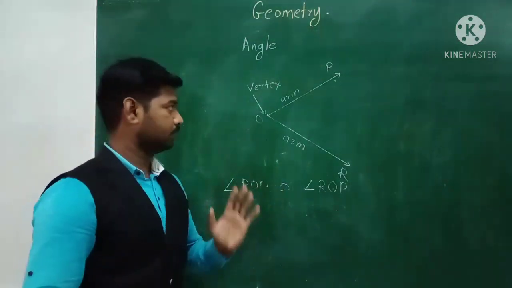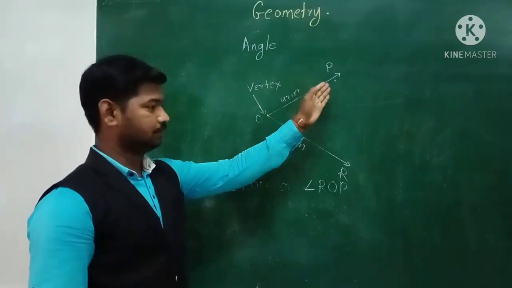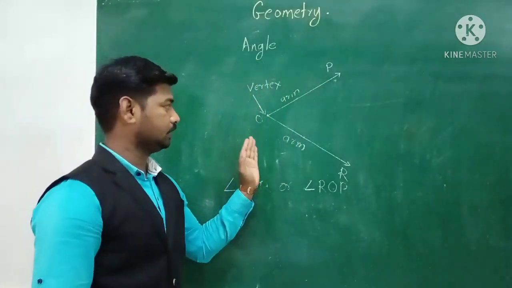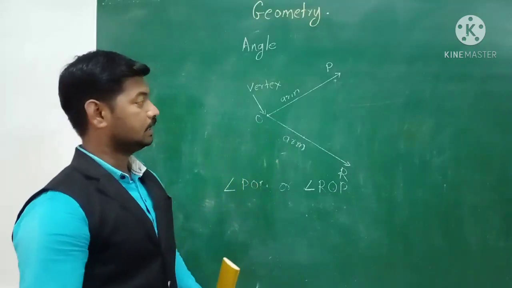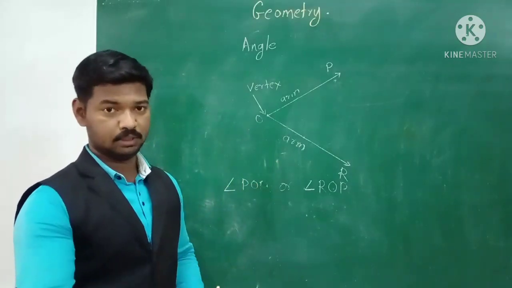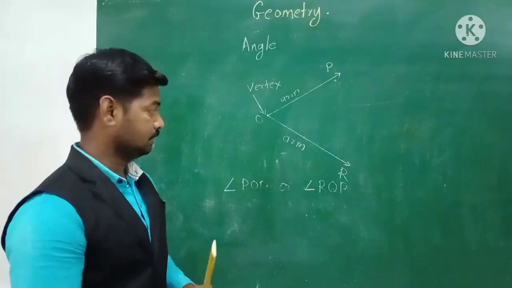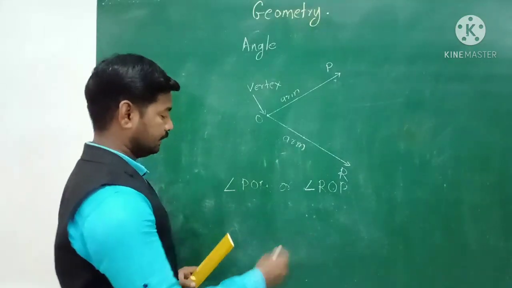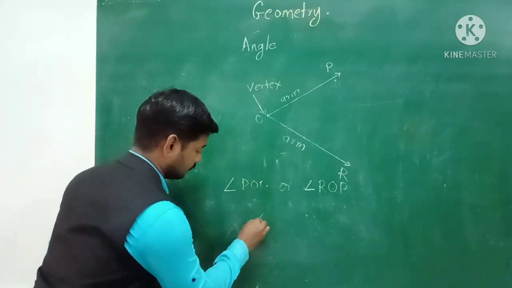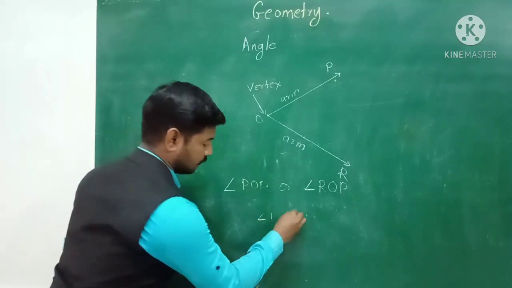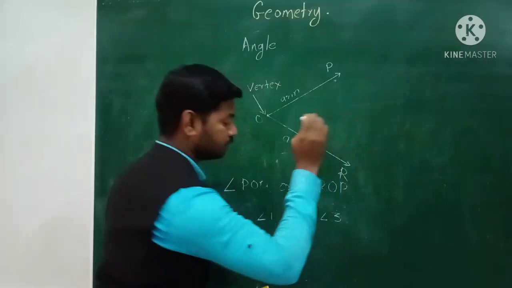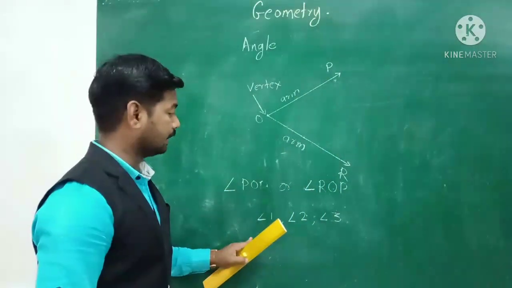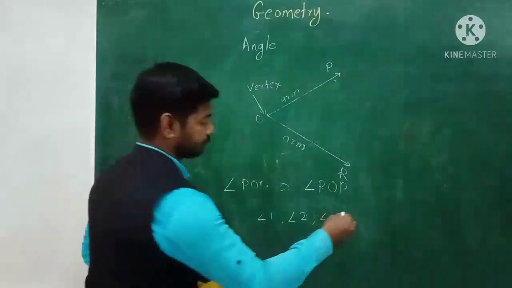So here we have used English alphabets for giving the name for that angle. Many times we use numbers 1, 2, 3. But how can we read that? See, I'll show. We can read that like angle 1, angle 2, angle 3, and so on.